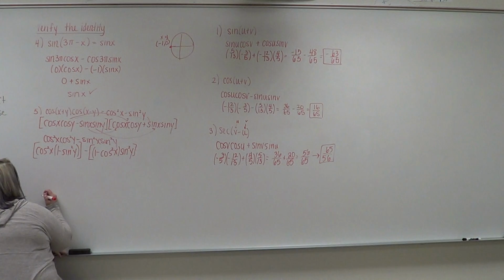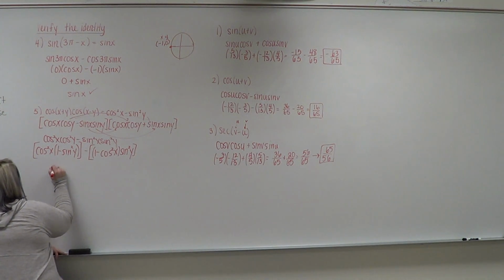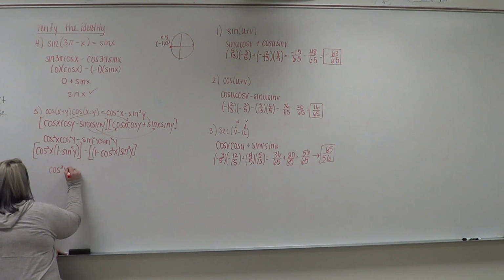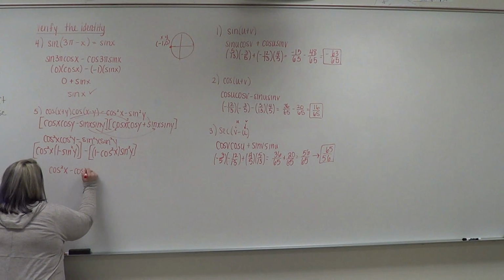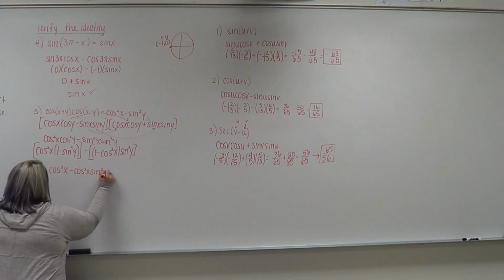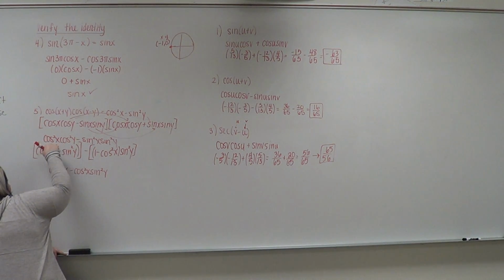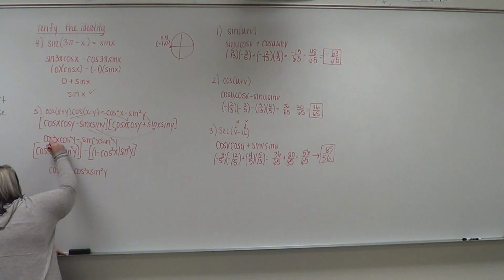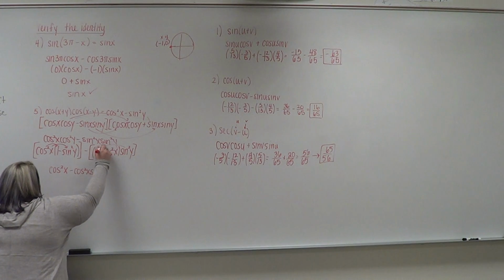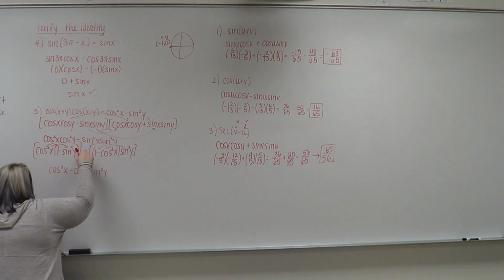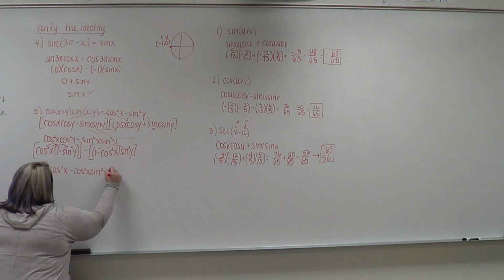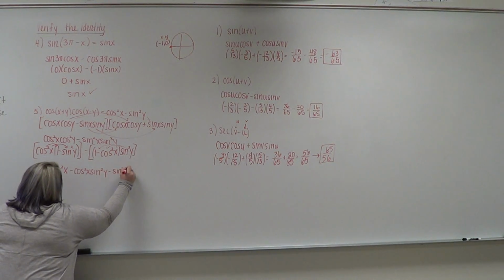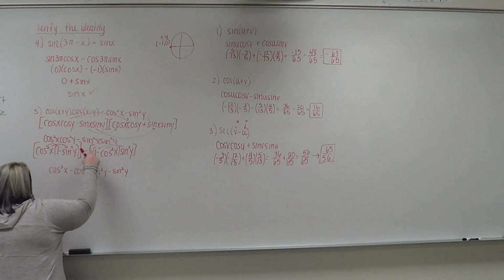You with me? Yep. Okay, so then I would have cosine squared x minus cosine squared x sine squared y, because I just multiplied this through. Now I'm going to do the same thing over here. Pay attention because this is a minus sign. So this will become minus sine squared y. What happens to these two minus signs?